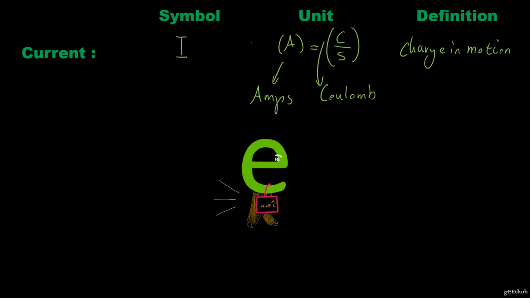And from our physics course, you might remember that the charge that each electron carries is equal to negative 1.6 times 10 to the negative 19 coulombs, and it's a constant value, it doesn't change.